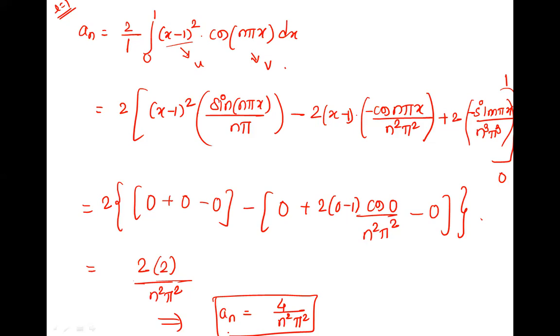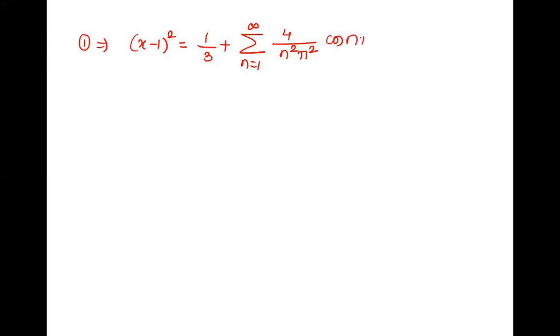So you will put it in equation number 1. Therefore, equation 1 becomes f of x is equal to a naught, which is 1 by 3, plus summation n equal to 1 to infinity, 4 upon n square pi square into cos n pi x by l, l is 1.